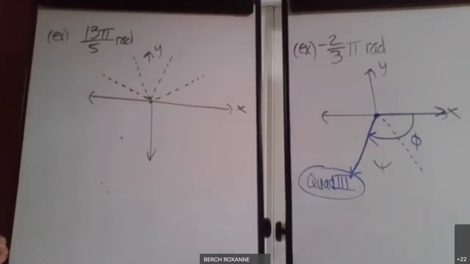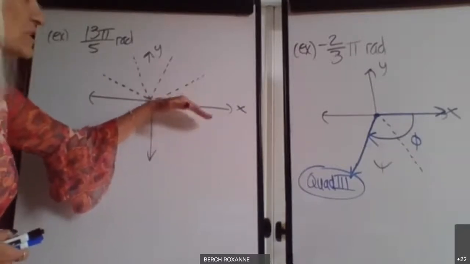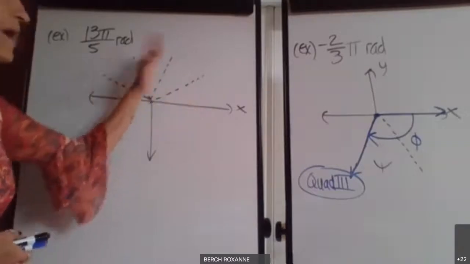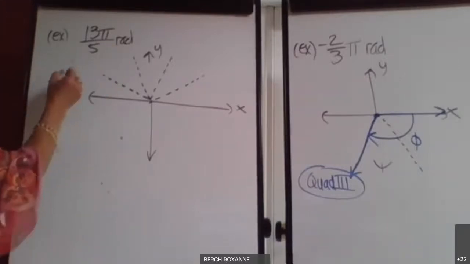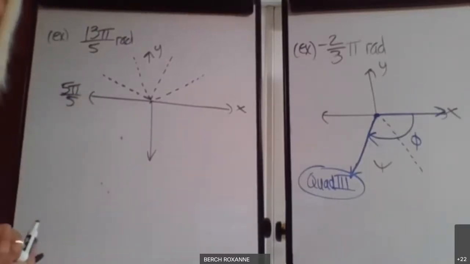So if you look up here for a second, this would be pi over 5 radians, 2 pi over 5 radians, 3 pi over 5, 4 pi over 5, 5 pi over 5. So we want 13. So if this is kind of a landmark, 5 pi over 5 radians, don't we have to divide the bottom into 5 parts too?